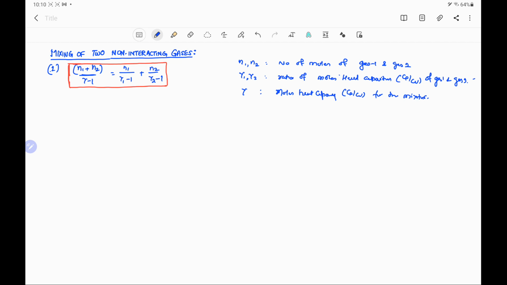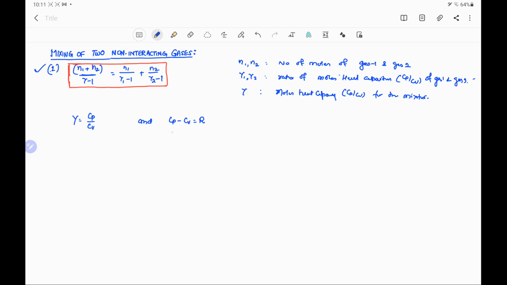the container. So our purpose is to find the gamma, and for this we have to derive the relation (N1 + N2)/(gamma - 1) = N1/(gamma1 - 1) + N2/(gamma2 - 1). We know that gamma equals the ratio of molar heat capacities at constant pressure and constant volume, and the relation is Cp minus Cv is equal to R. The R is the ideal gas constant or universal gas constant.